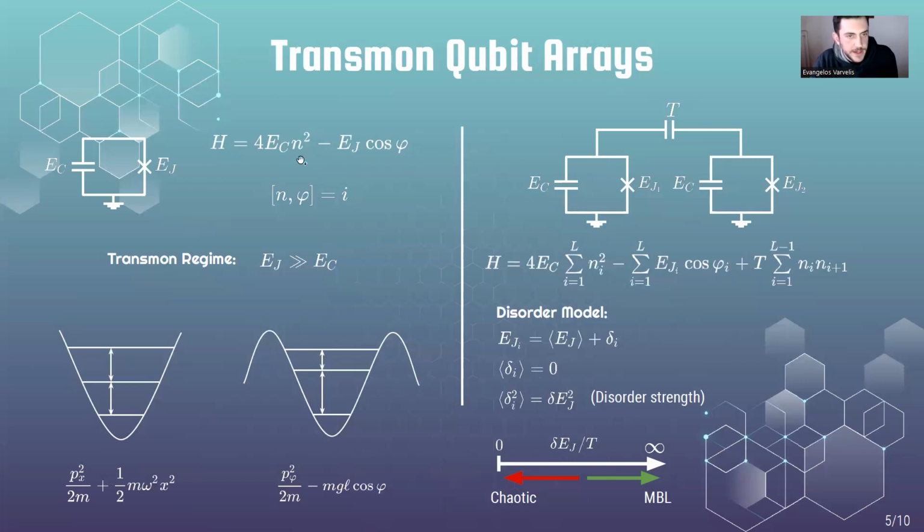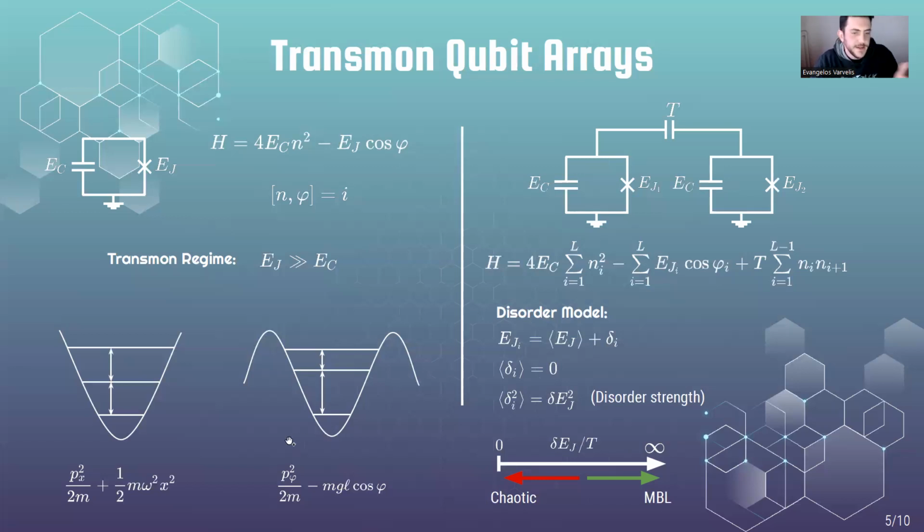Now our 2 variables are exactly n and phi, and they are conjugate variables. Basically these are bosonic operators. So even though this is not a true qubit in the sense that it's not a two-level system, but in fact has infinite levels, the nonlinearity in the potential energy allows us to have good control so that the system remains in the lowest two energy levels.